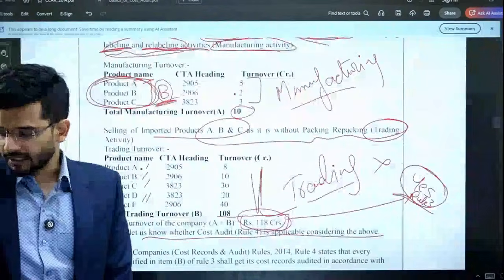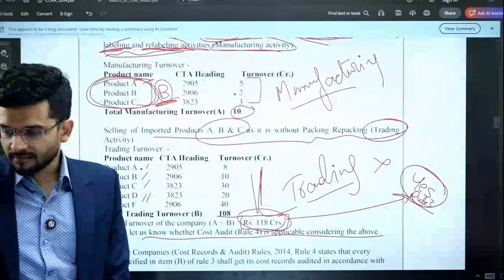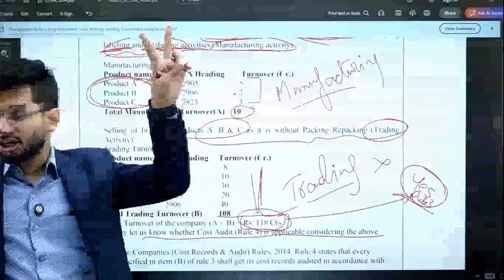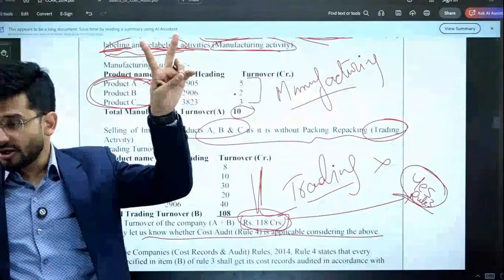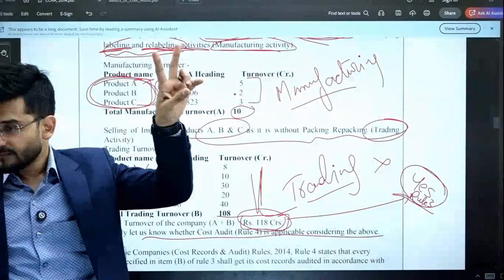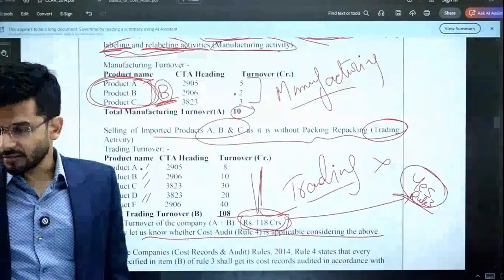Now tell me in the chat box whether the second condition is met or not for Table B products.